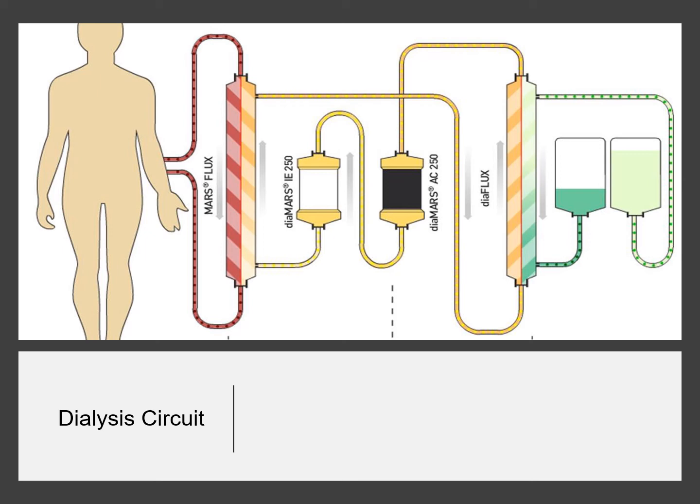And there are actually two types of dialysis circuits, both of which involve the creation of an artificial communication between an artery and a vein. An arteriovenous fistula is surgically created, and it basically creates what is known as an anastomosis, which is a connection.